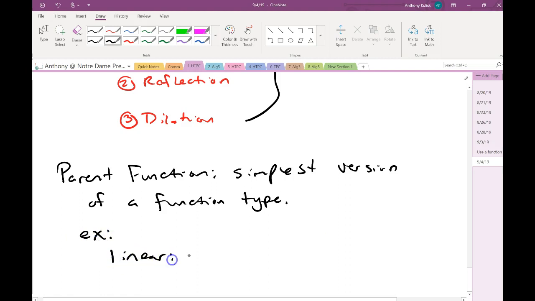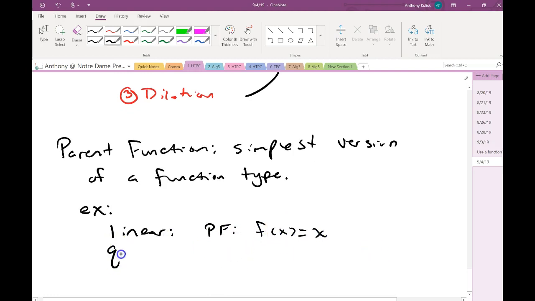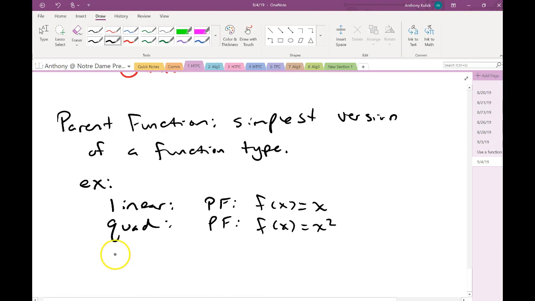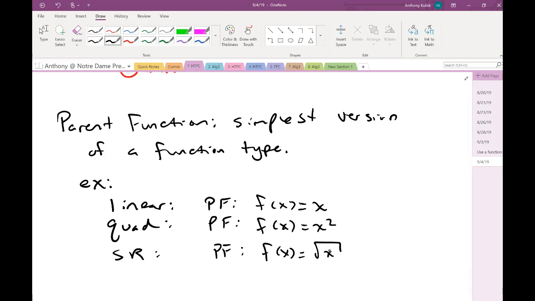So for linear functions, our parent function is y equals x. For quadratics, our parent function is y equals x squared. For square root functions, our parent function would be y equals the square root of x. You get what I mean by simplest version of that type of function?